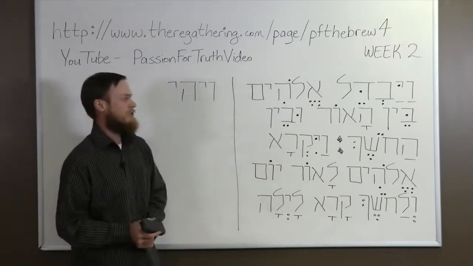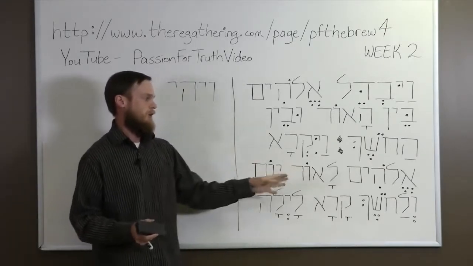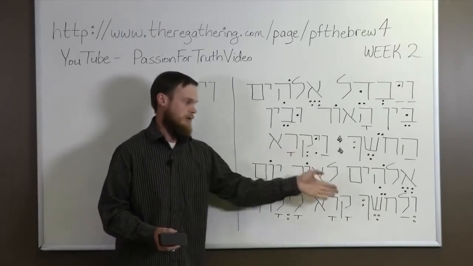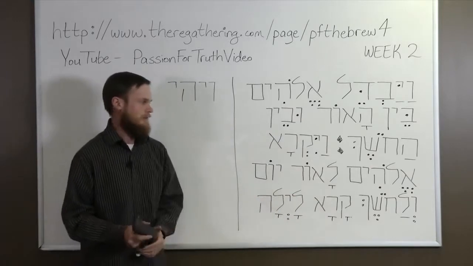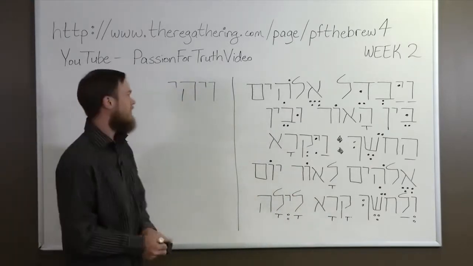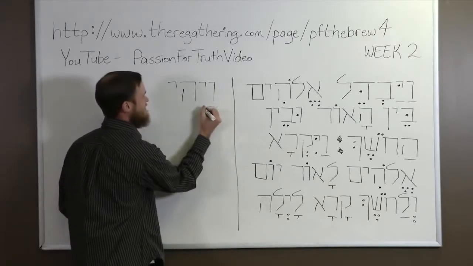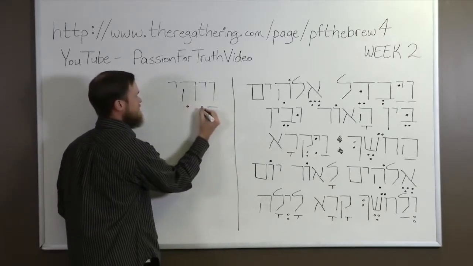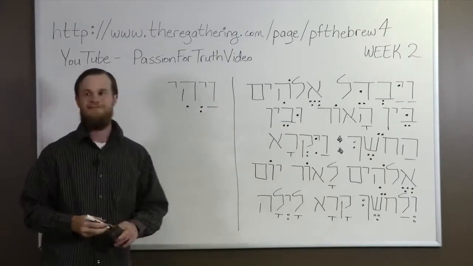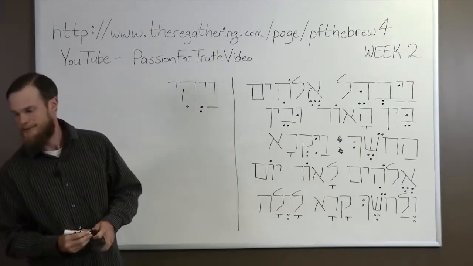But the translation is that God called to the light day. So he's giving the light a name, calling it Yom. And to the darkness he called Layla. All right, and then we have the second half of verse 5. It's a hint that not always what's good is going to look good, and not always what's bad is going to look bad. Walk by faith, not by sight, perhaps.